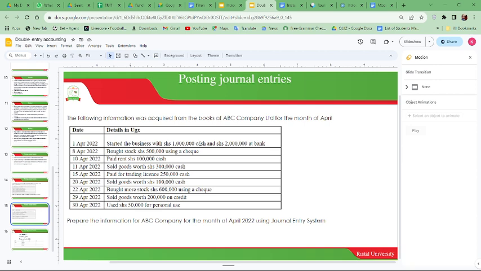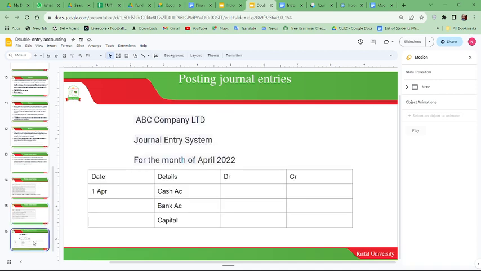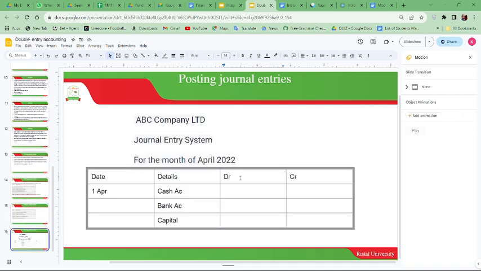And you go back to your rule of double entry. When an asset increases, we put it under the debit side. So here we have one. You can decide to put the three zeros up.